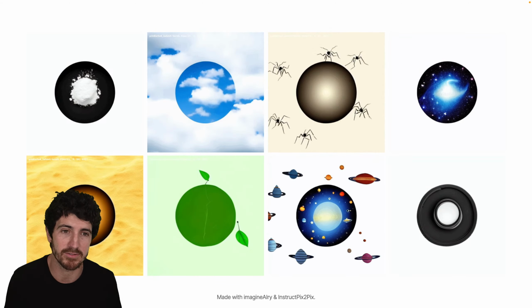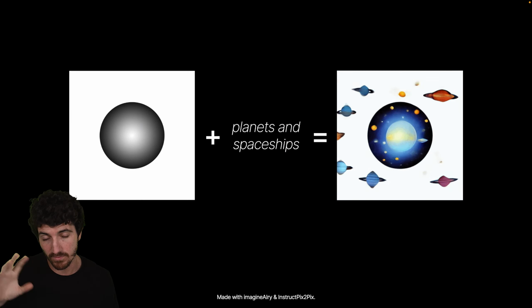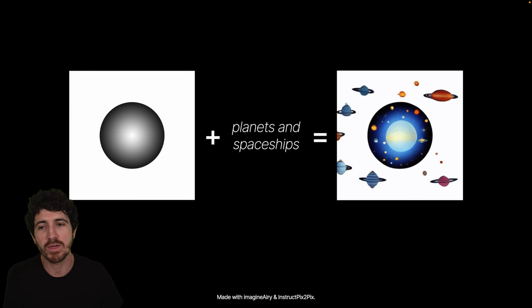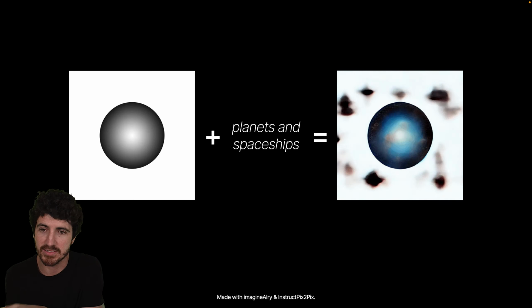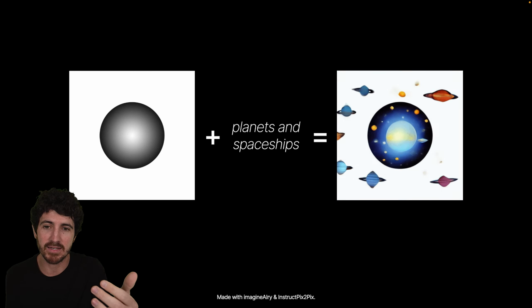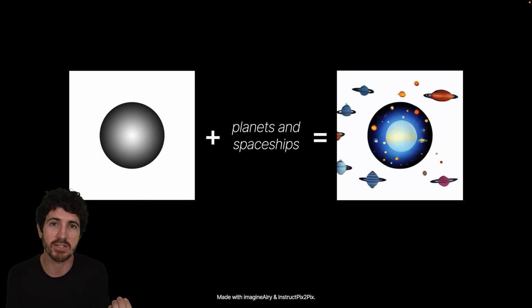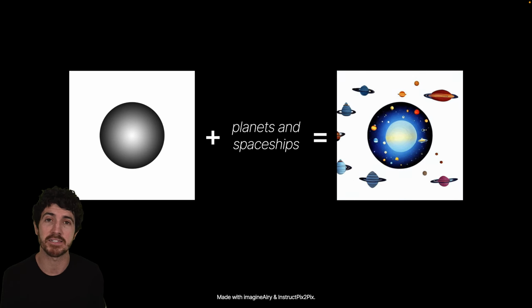This is InstructPix2Pix. What I'm doing here is inputting the image on the left. That is an image that I made with Photoshop. It's just a circle with a gradient fill. I'm inputting that image as the initial image, and I'm saying, okay, generate images of planets and spaceships.